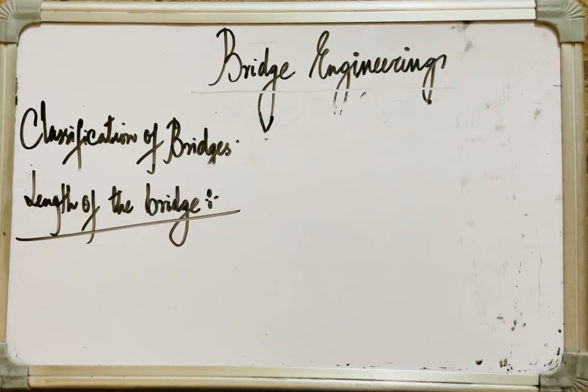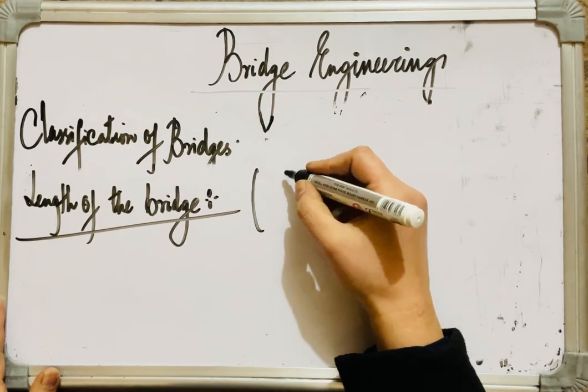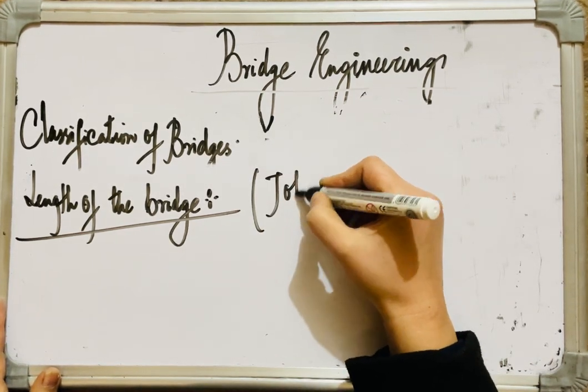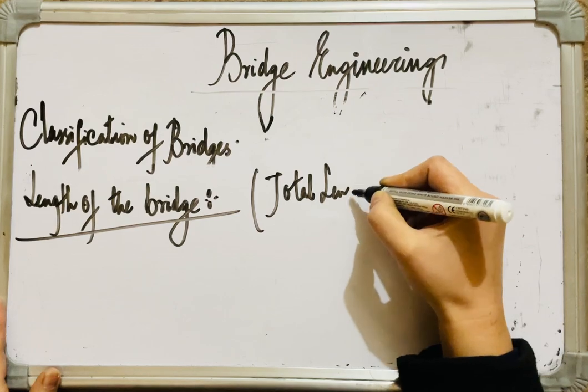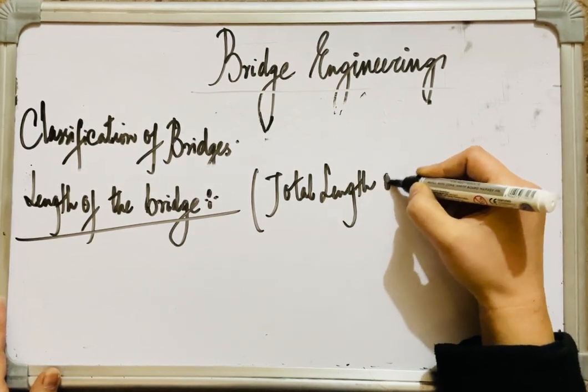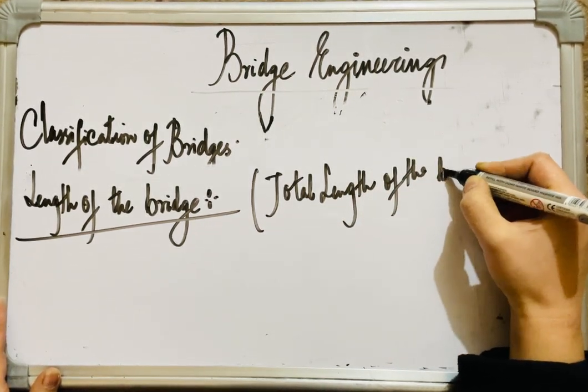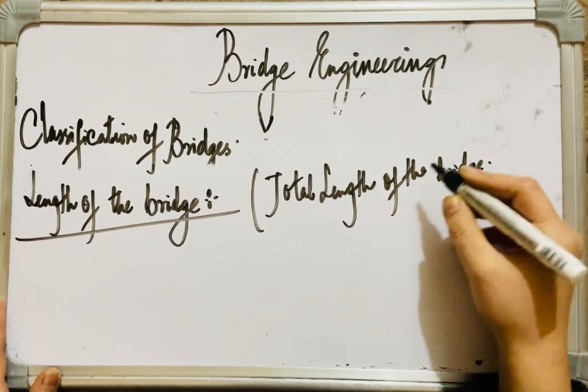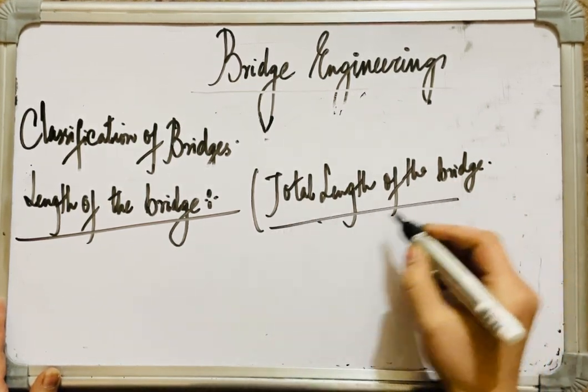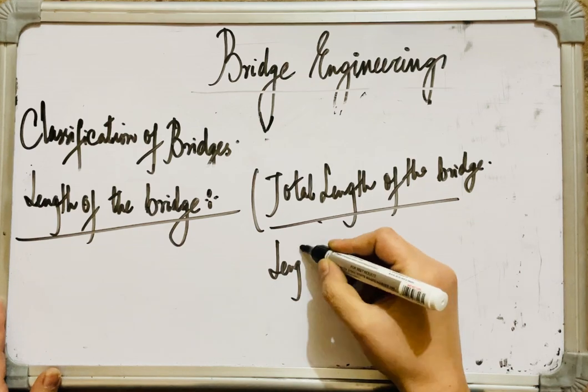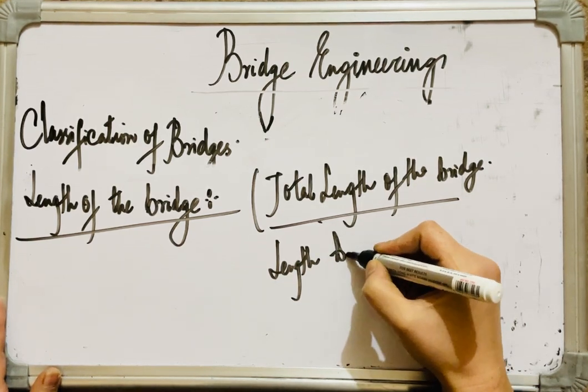According to the length, the total length of the bridge is the length between the inner faces of dirt walls.